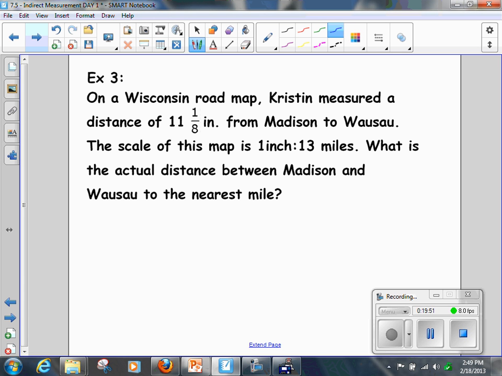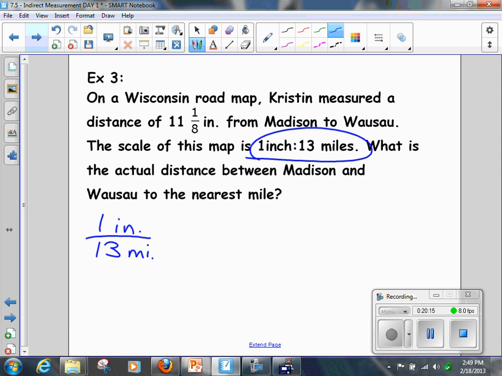It says on a Wisconsin road map, Kristen measured a distance of 11 1/8 inches from Madison to Wausau. The scale of this map is, this is important, 1 inch to 13 miles. This is literally in the form of a ratio, okay?